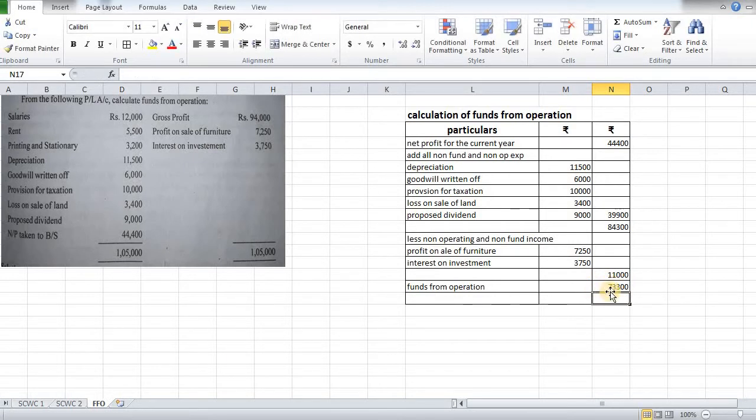So 73,300 is the funds from operation. So in the statement method we prepare this statement to find the funds from operation. First we write the net profit, then we add all non-fund and non-operating expenses, and we less non-operating and non-fund income. Finally we get funds from operation.